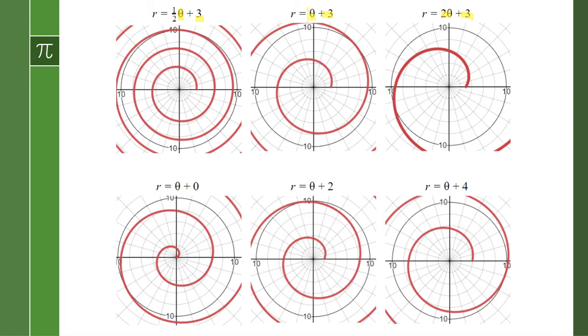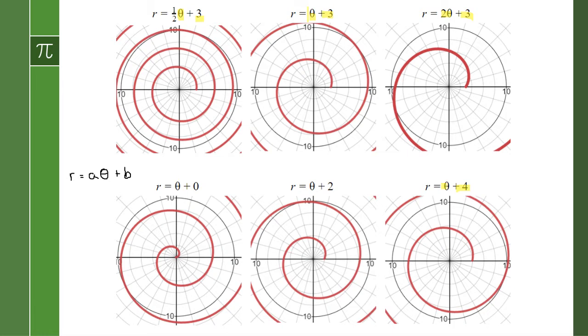We could have 1 theta, constant 4. They all have the format r is equal to some coefficient multiplied by the angle plus some second constant at the end. So r equals a theta plus b would be the general format of the graph.